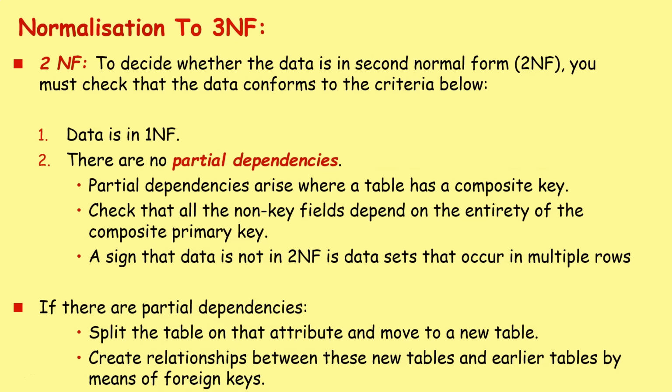Check that all non-key fields depend on the entirety of the composite primary key. A sign that data is not in second normal form is data sets that occur in multiple rows. If you do find there are partial dependencies, split the table on that attribute and move to a new table. Create relationships between these new tables and earlier tables by means of foreign keys.